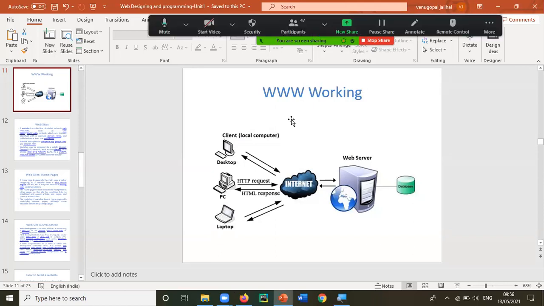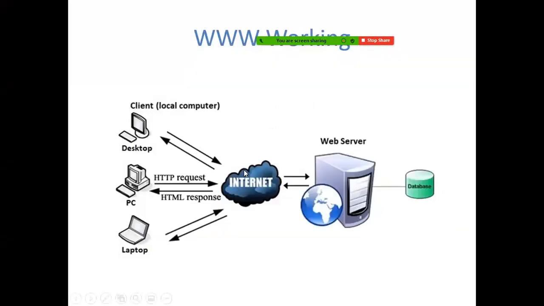Now here, if you see the diagram, I'm accessing from my laptop here. Where is the server? Server is on this side. This is the server, right? Now here, there are certain programs which are in association with the web server. Those are called server-side scripting programs.